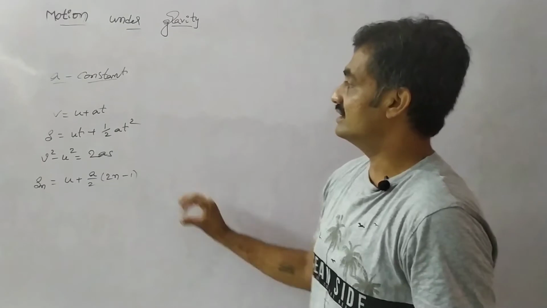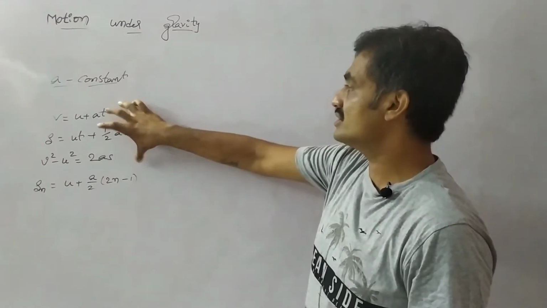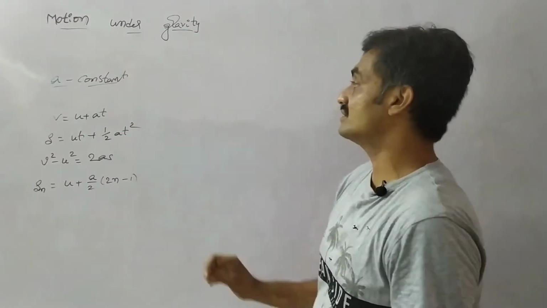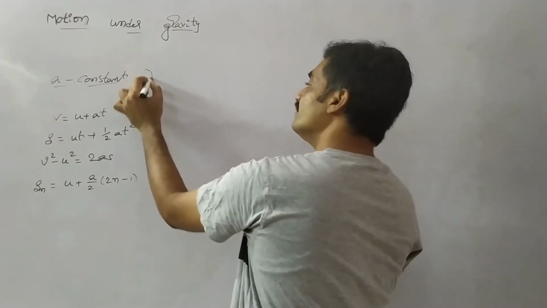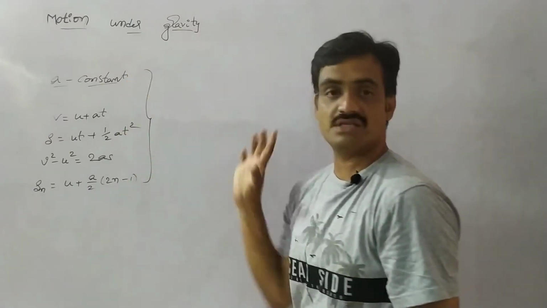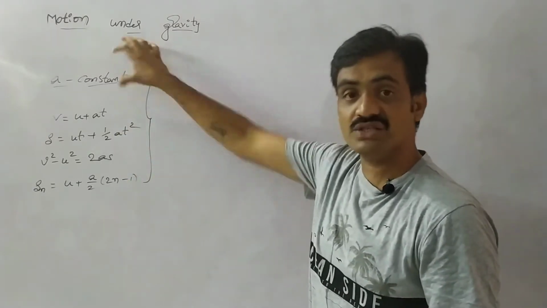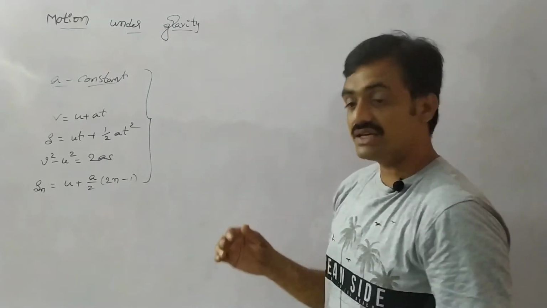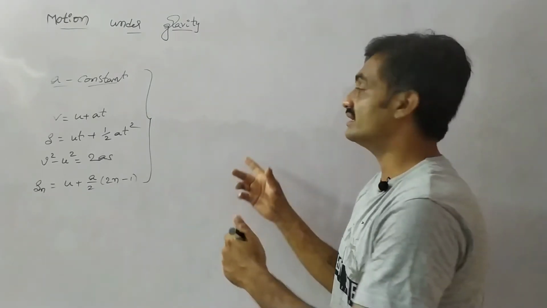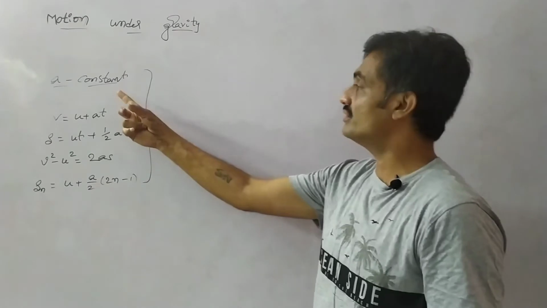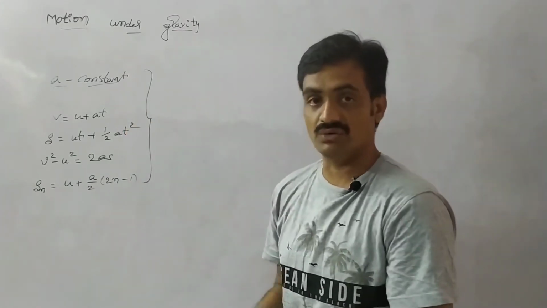We can use these equations when the acceleration is constant. If the acceleration is varying, then we use rate of change equations, which we saw in our previous video.